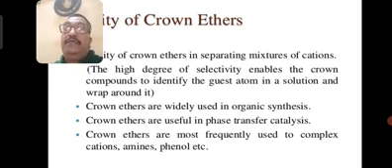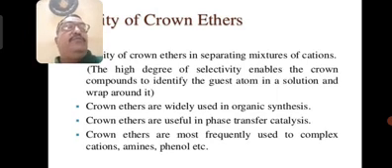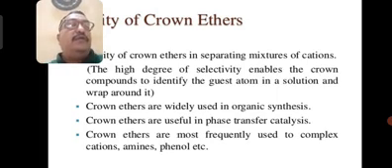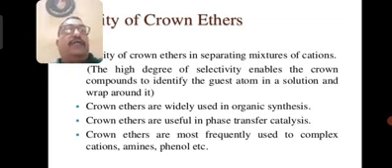The solvent phase gets removed, and the reactant or final product will be in your crown ether system. That phase transfer catalytic reaction I will discuss later on. Then crown ethers are most frequently used to complex cations, amines, phenol reactions, etc.